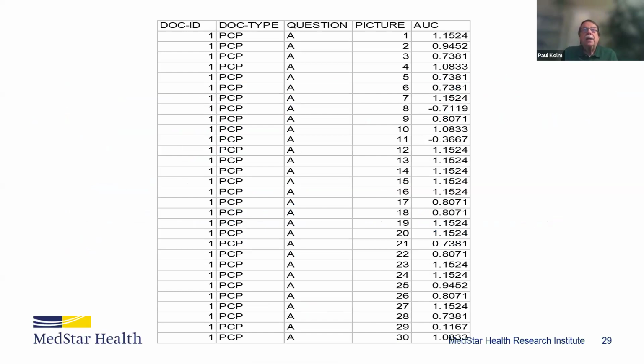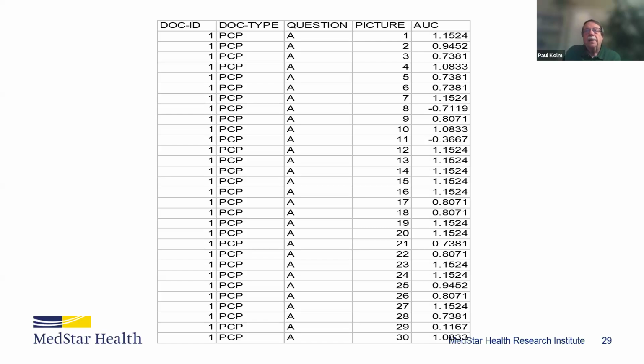And actually calculating an AUC, the maximum number you can get is 1. But you might get a negative AUC. And what that means is that the test is doing the opposite of what you thought it would. In other words, if you're trying to predict those that have the disease and you get a negative AUC, that means your test is actually predicting those who don't have the disease.